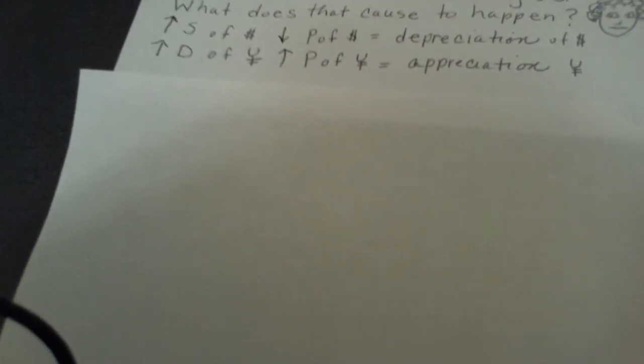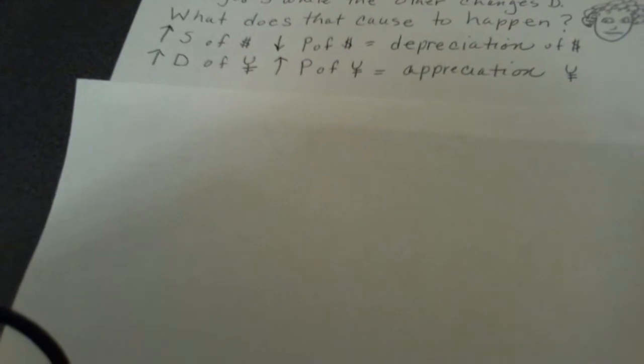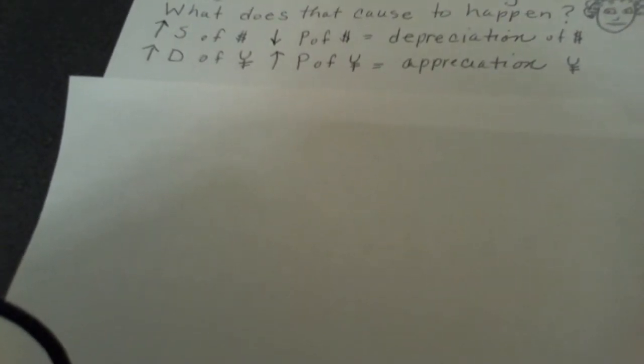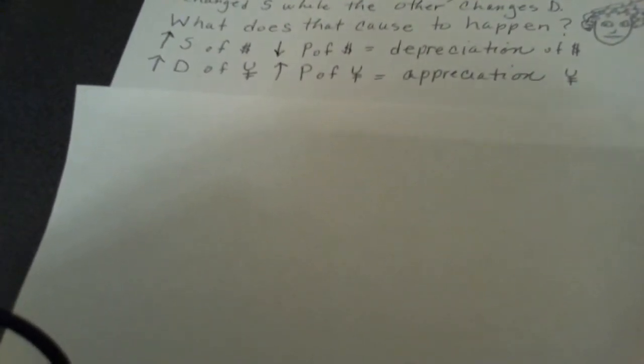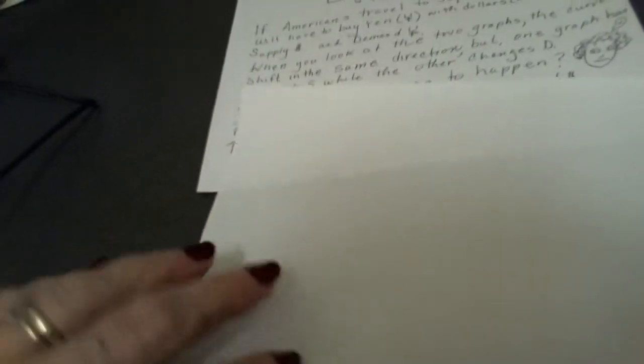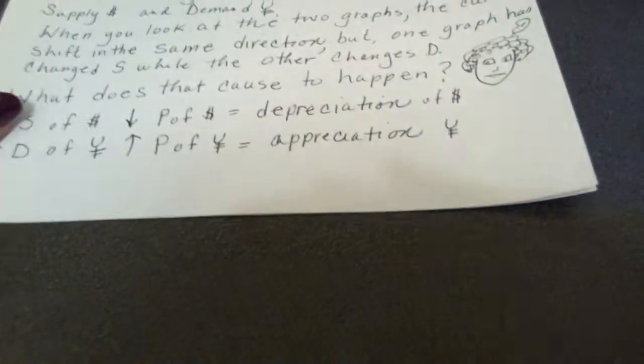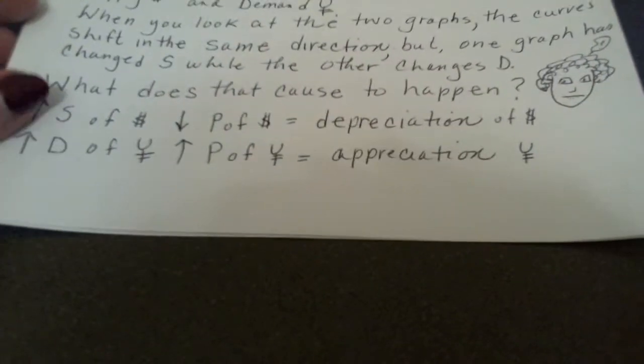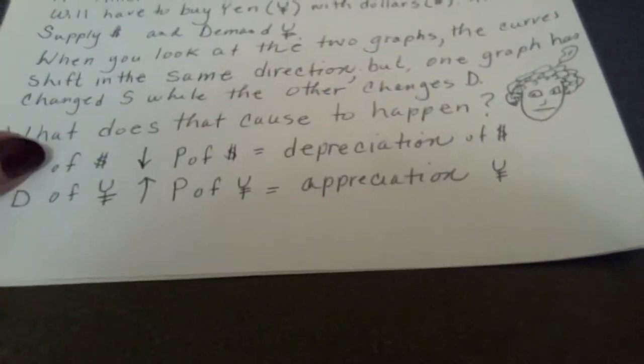An increase in the demand of yen increases the price of yen, or appreciation of yen. Anytime we have a depreciation of one currency, we're going to have an appreciation of the other currency. Take a look at it. We'll go back to the graph.